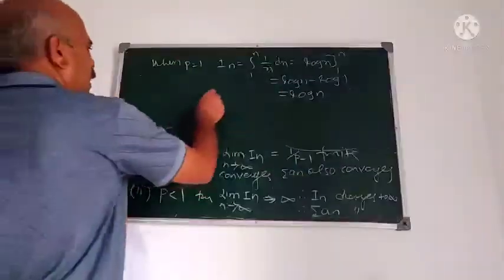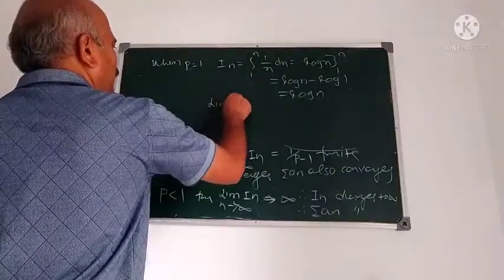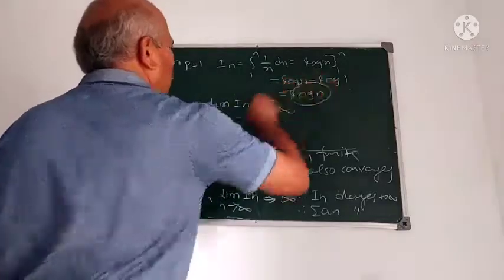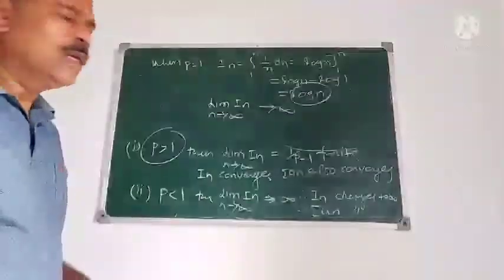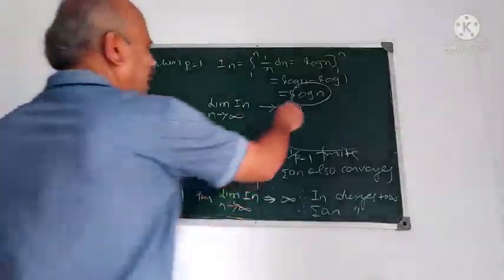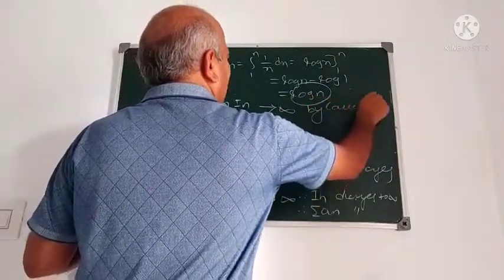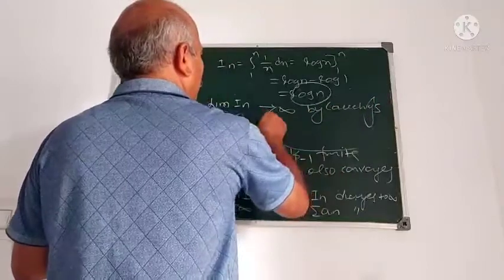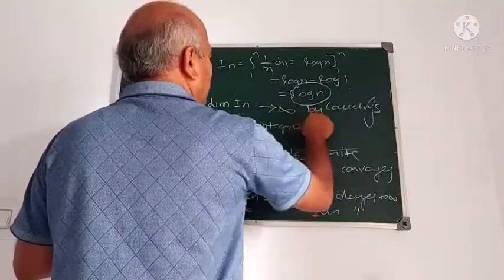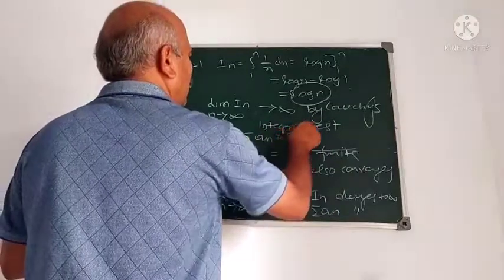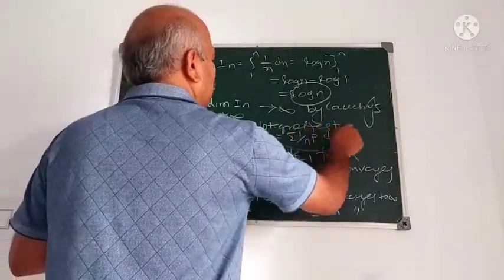And the limit as n tends to infinity becomes infinity, because log of infinity is infinity. So what is your conclusion? By Cauchy's integral test, sigma 1 upon n raised to p diverges.